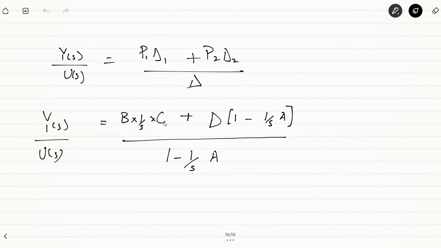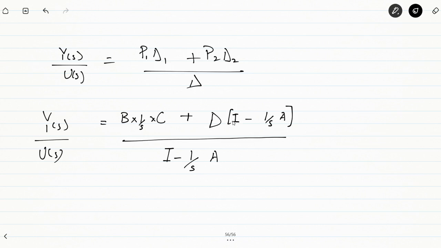Since these are matrices, instead of writing 1 here, you cannot subtract 1 from another matrix. You'll be writing identity matrix here, I minus 1 by s times a. Fine. You can subtract a matrix from a matrix. You cannot subtract 1 from a matrix. You can subtract one matrix from another matrix.